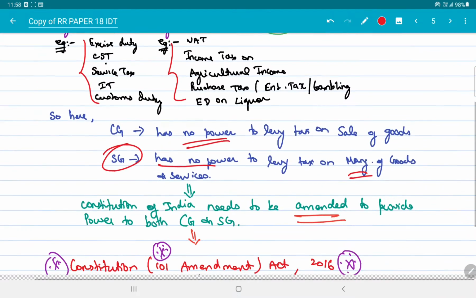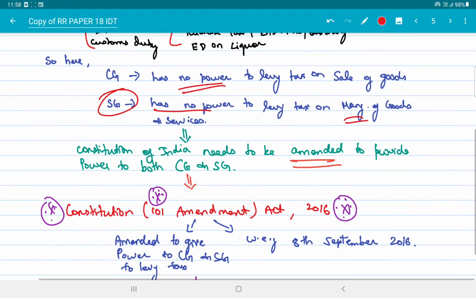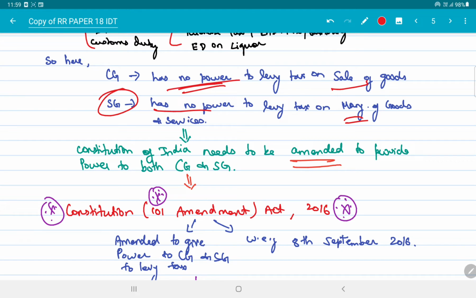So that is why the Constitution of India needed to be amended to provide power to both the central government and the state government equally. Whenever there was a sale of goods, there was no power to the central government to levy CST or VAT within the state. Same way, if there is a manufacture of goods, when excise duty is levied, it is collected by the central government, and the state government had no role at all.